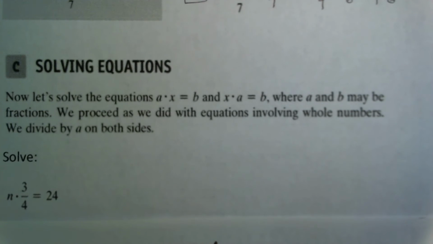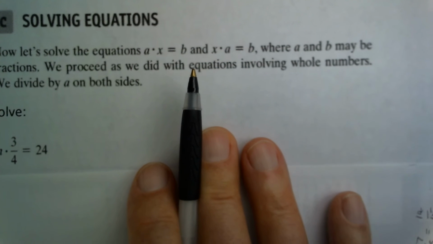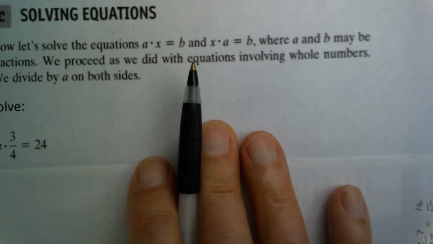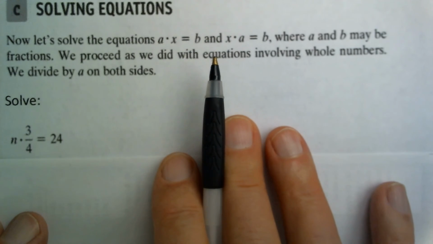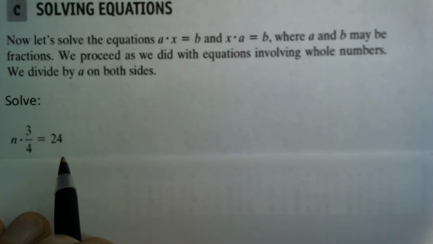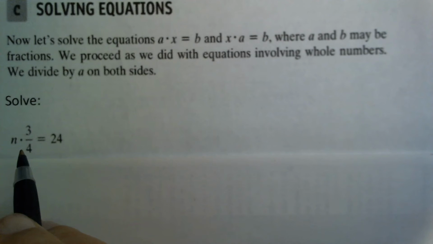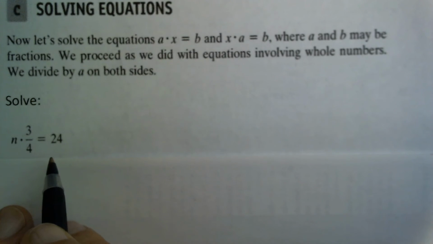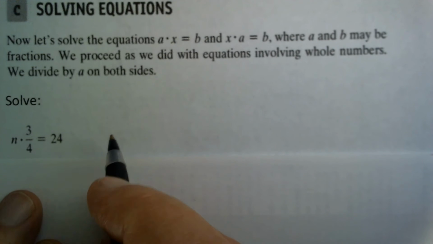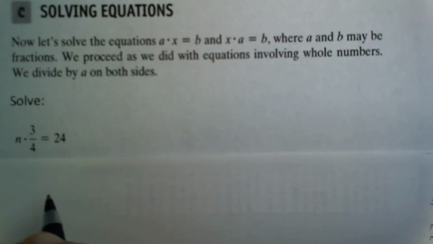So as an example, we look at this statement here. n times 3/4 equals 24. So in this case, a is equal to 3/4, so we need to divide by 3/4 on both sides. So let me just do it here.